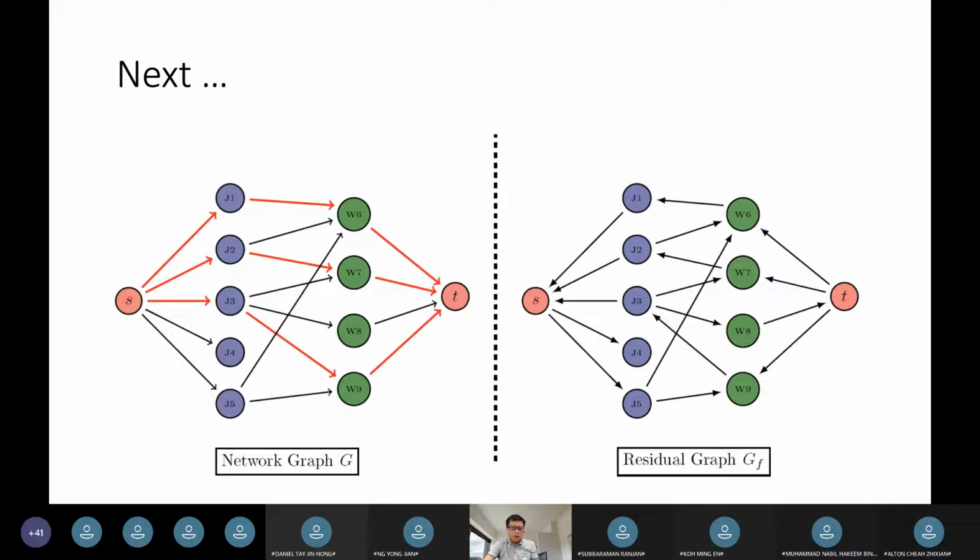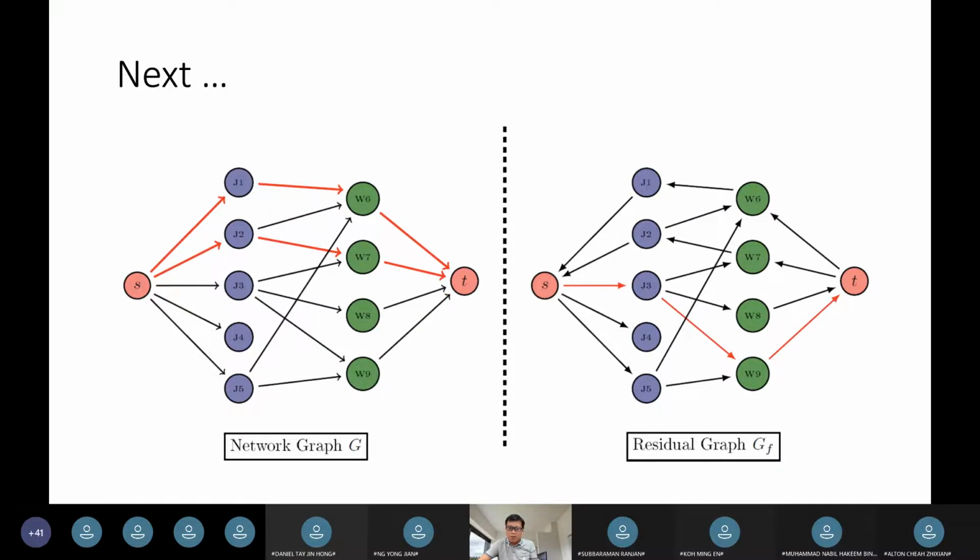We highlight S to J3, J3 to W8, and W8 to T. Oh, sorry, W9. For example, instead of W8, we choose W9. For example, we found this path.